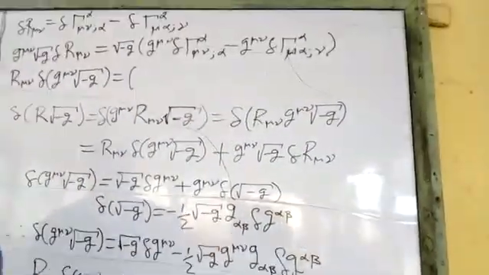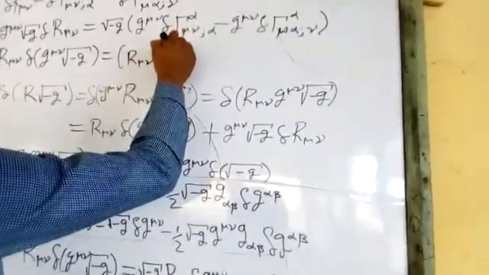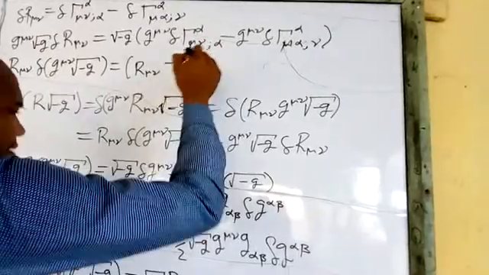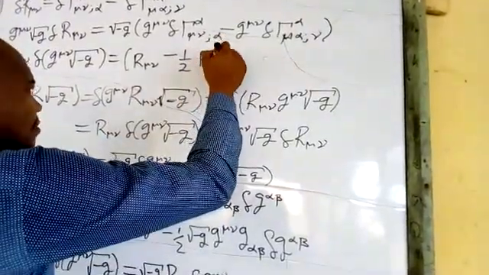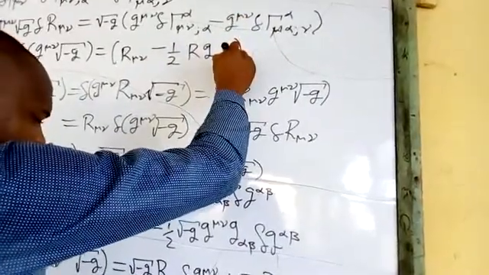So what I've got so far is R_μν, but then minus 1 over 2 R multiplied by g^μν, and then the brackets here.